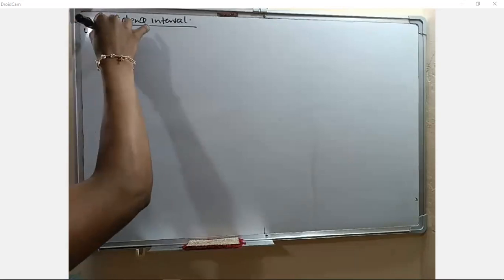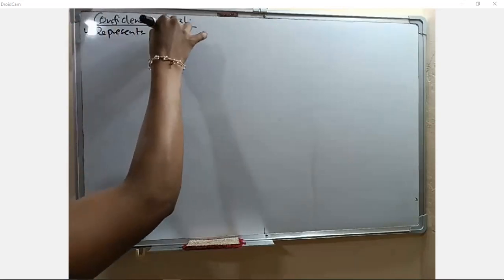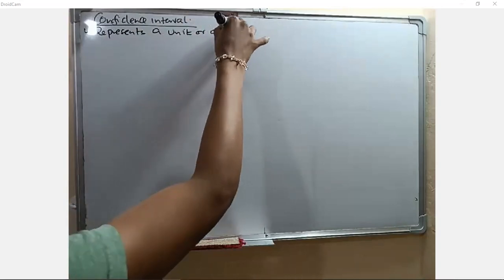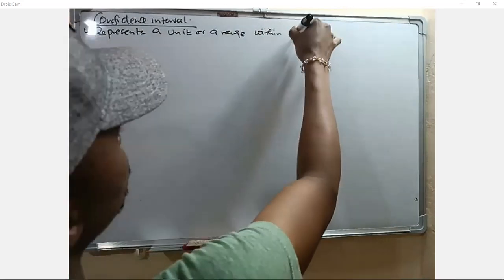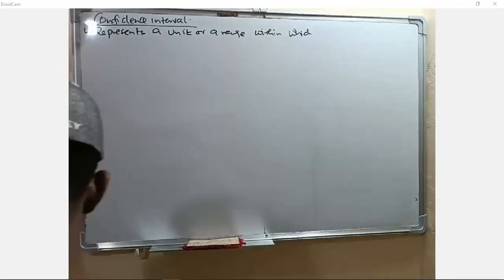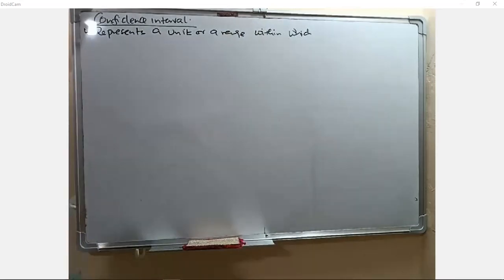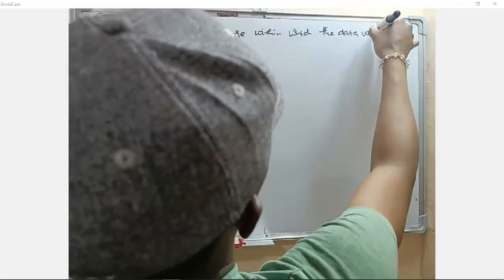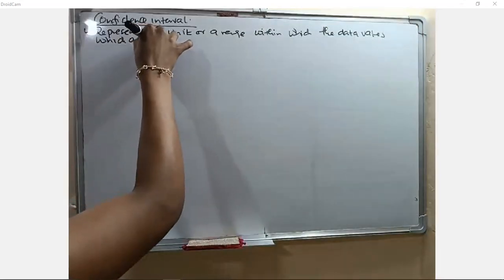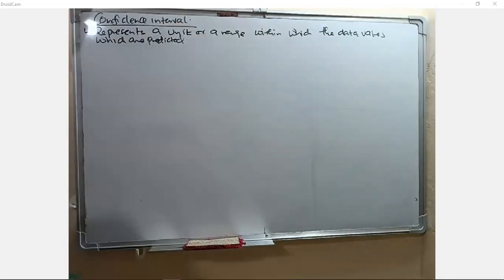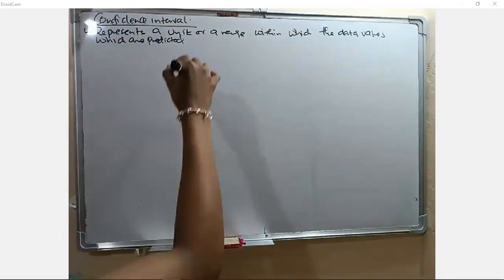I know already a confidence interval represents a unit or a range within which the predicted data values must fall.